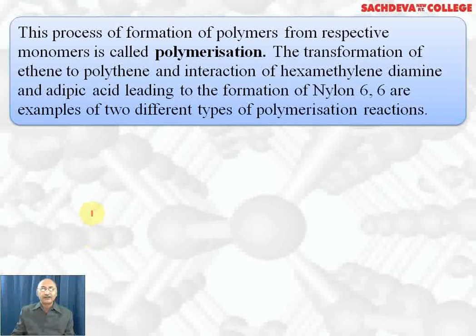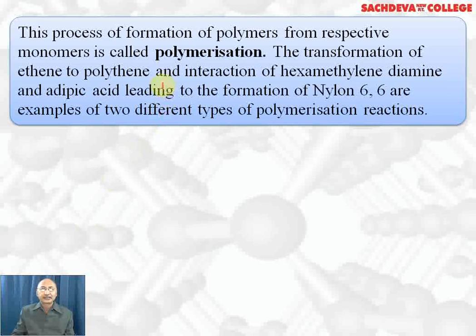The process of formation of polymers from the smaller units, monomers, is called polymerization. The transformation of ethene to polythene and the interaction of hexamethylene diamine and adipic acid leading to the formation of nylon 6,6 are examples of two different types of polymerization reactions.